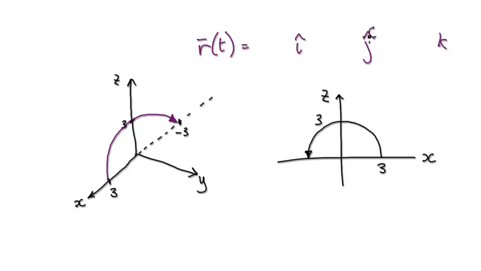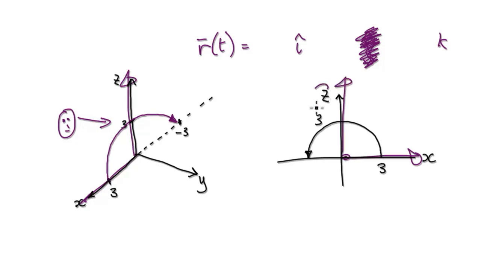There will be no j hat movement because it's not moving in the y direction, so we can ignore the j hat. Now imagine this is your face here, looking at it from this direction. So the x-axis would be on the right hand side, and straight up would be your z-axis. So this is the movement in the height.